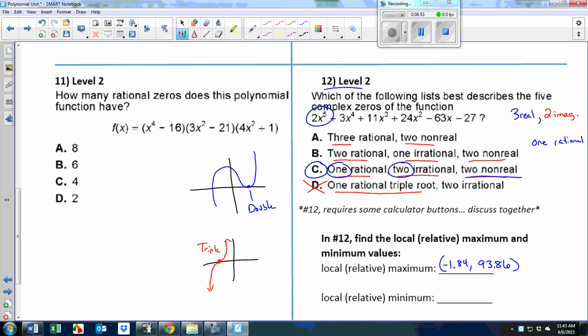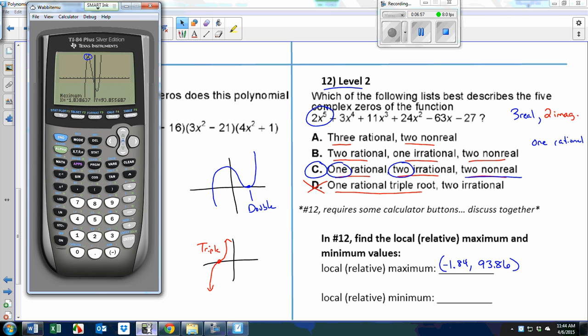Now the constructed response is going to have you explain how you push those buttons and get that answer, so you have to be detailed about it. Maybe draw pictures and make an arrow saying put your left down here, right down here. Pictures might help you explain that process a little better. But then we need to find the minimum as well. Second calc, minimum, and move the cursor till it is left of the minimum, which is this point.